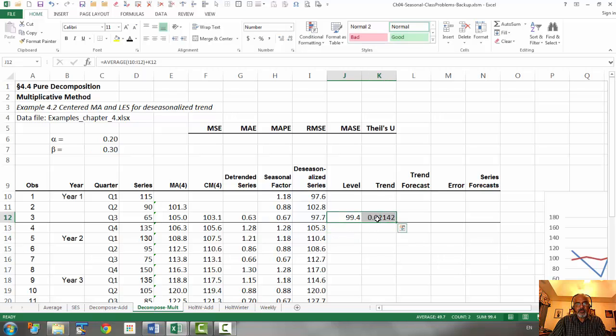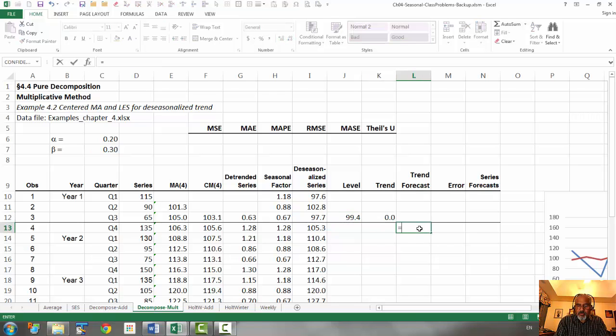Okay, and then the sum of those two values will be the forecast, and error will be that minus that.